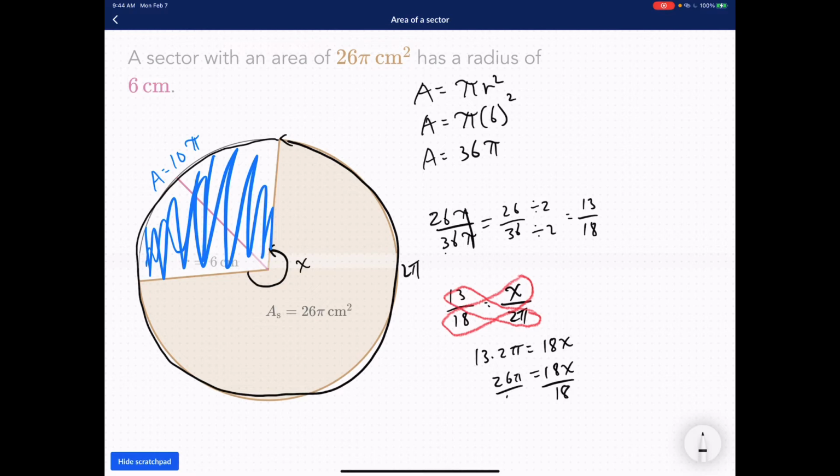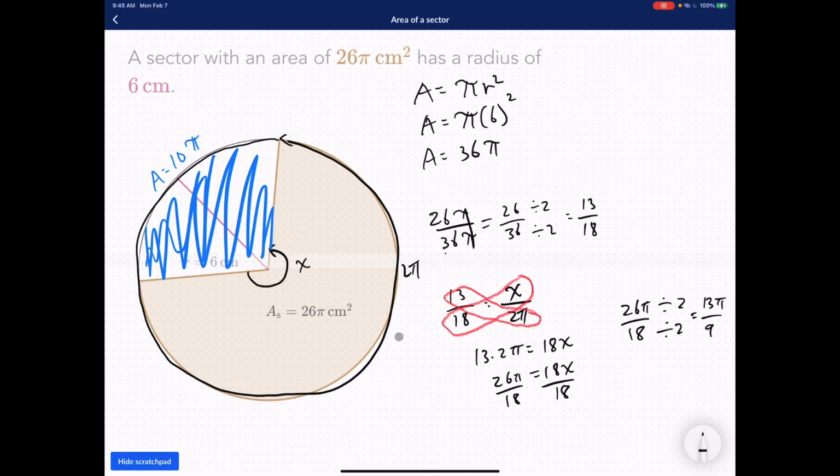Divide by 18 on both sides, and we got 26 pi over 18, and we're gonna divide the numerator and denominator by 2, and then we got 13 pi over 9. So my answer then, this central angle is 13 pi over 9 in terms of radians.